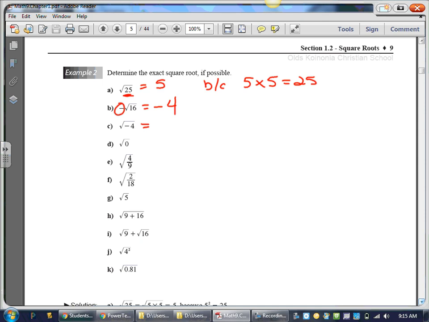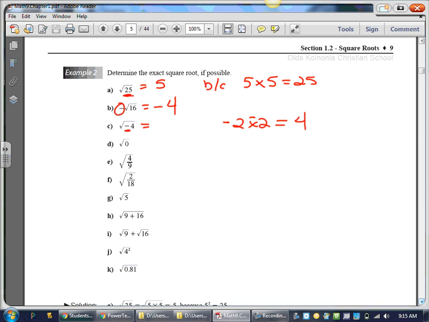What two numbers times themselves will give you negative 4? Okay, so 2 times 2 is what you think of, but that gives you a positive 4, not a negative 4. So what else could you try? Oh, negative 2 times negative 2. What is a negative 2 times a negative 2? Positive 4.